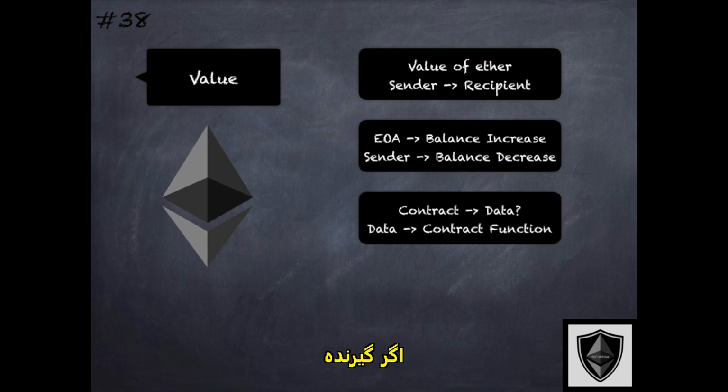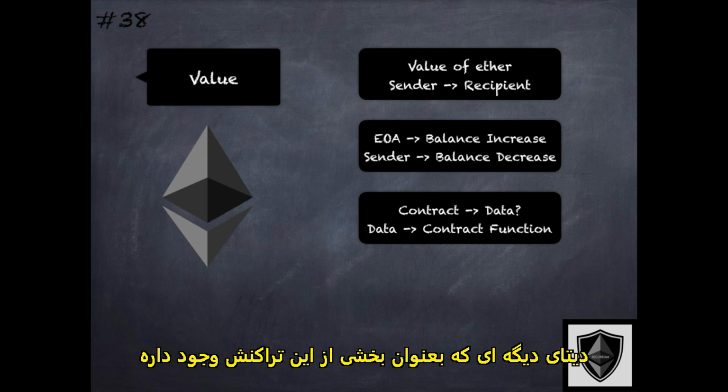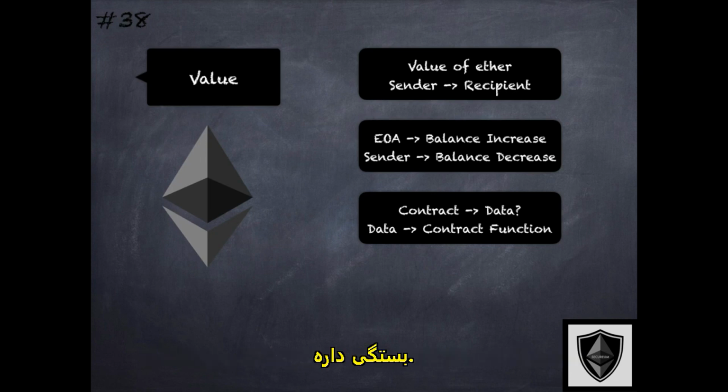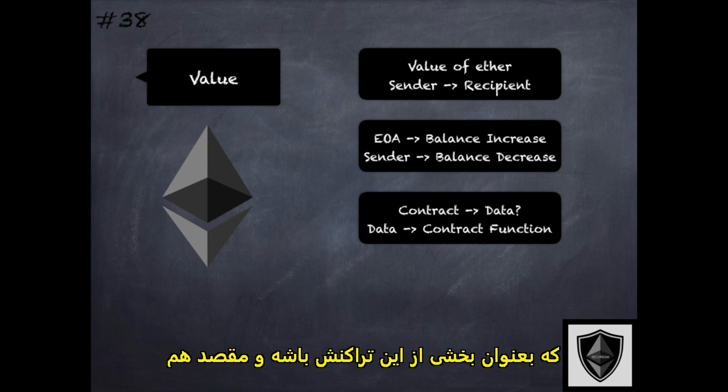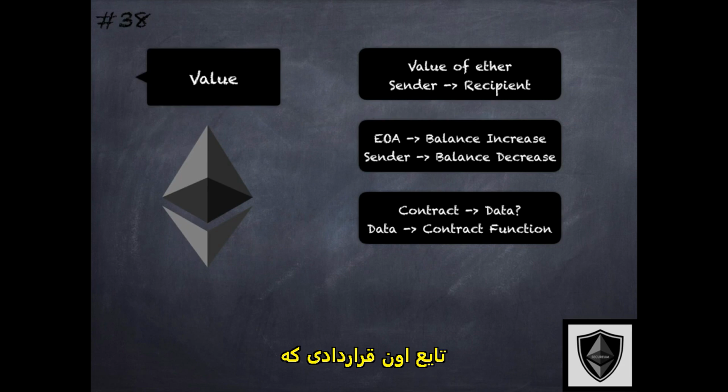If the recipient happens to be a contract account, then what happens depends on any other data that is present as part of this transaction. If there is data present and the destination is a contract, then the data really represents the contract function that is being targeted, and the value of Ether that is being sent depends on the implementation of that particular function.